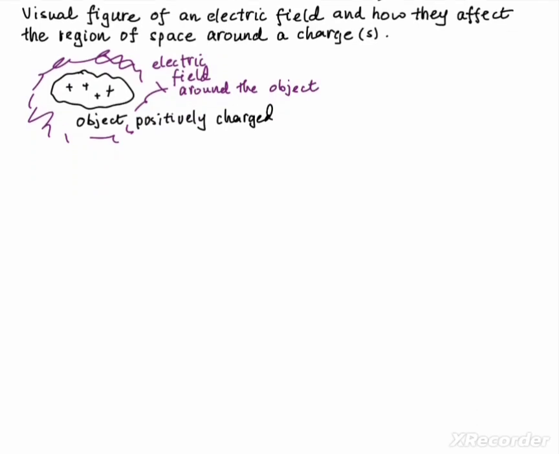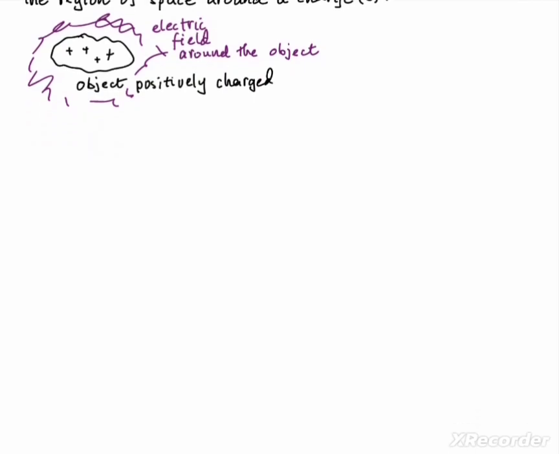So let's look at how we can draw some electric field lines. Let me draw a charged object again. Let's say it's positively charged. And to look at the electric field, we need a measuring device. The measuring device, as we learned earlier, is a positive test charge.